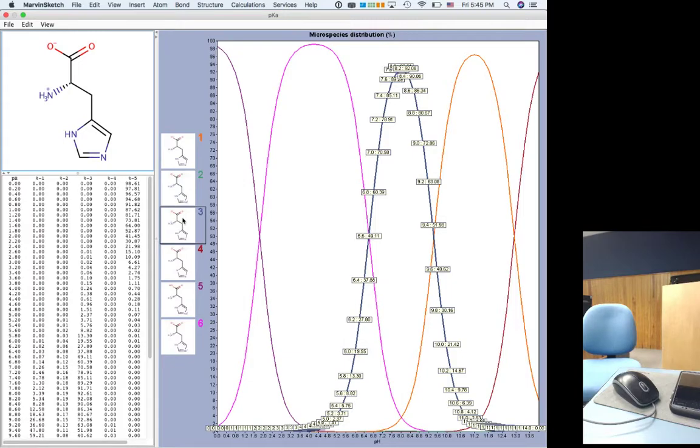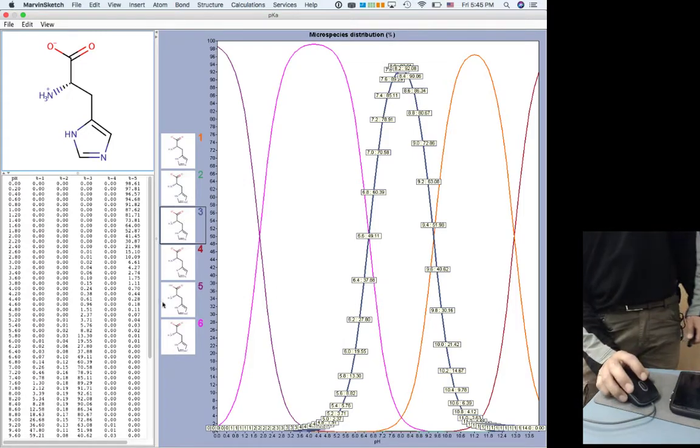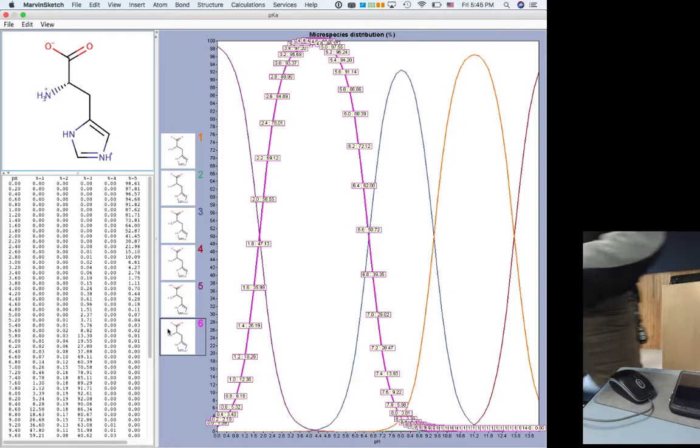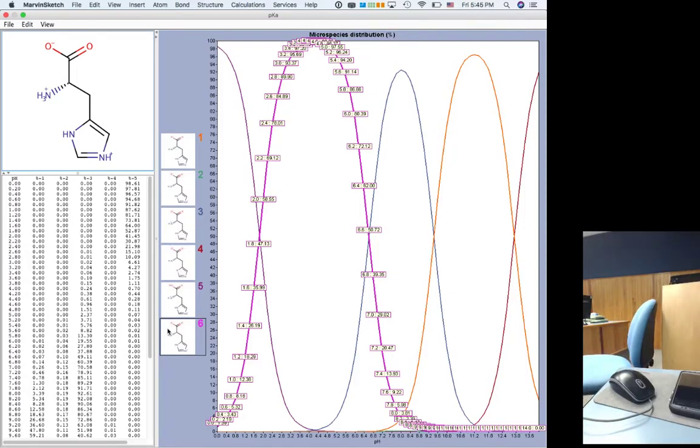What should happen at a lower pH? Well, at a lower pH we have more protons, so the acid on these amino acids should capture them. So if you click on the violet molecule at pH below 6, between 1.8 and 6, the ring is protonated.